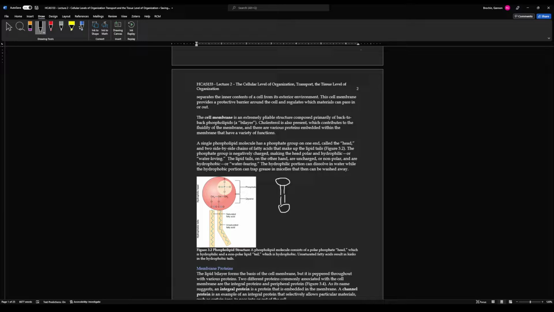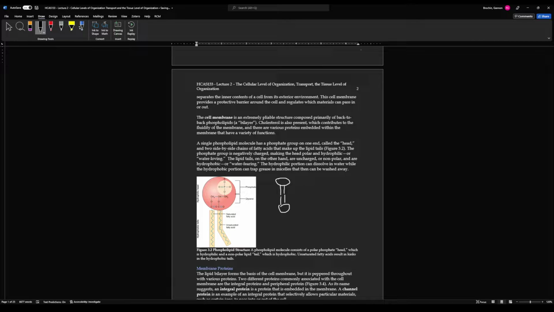This is important because the head and tails have a favorability for water. Now, the heads are hydrophilic, meaning they are okay being exposed to water. And beyond water, we're also talking about things that have charges, okay?